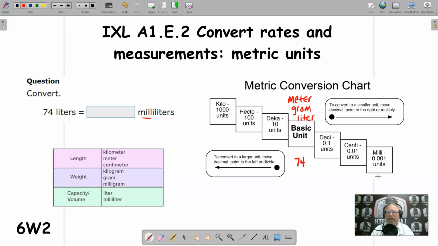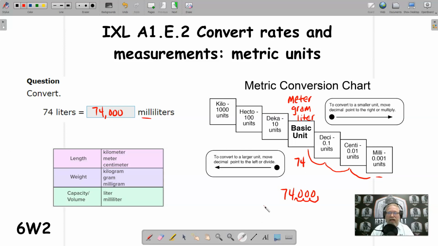Well, notice that milliliters is down here. So I need to go 1, 2, 3 places. So I'm going to take that 74 and move the decimal over 1, 2, 3 places. Put in some placeholding zeros in there, and you see that I end up having 74,000 milliliters. So 74 liters is equal to 74,000 milliliters.